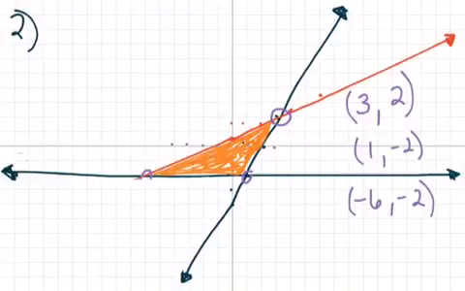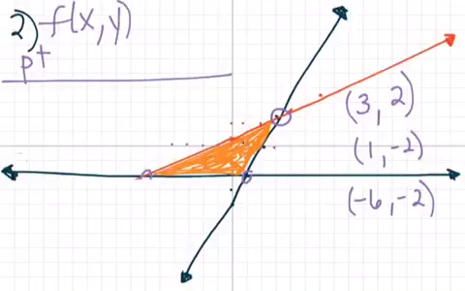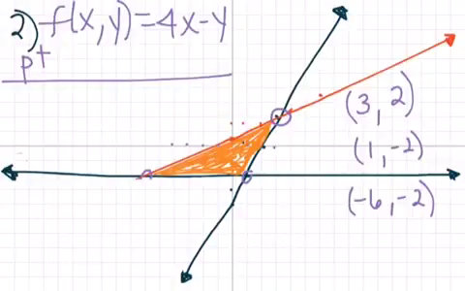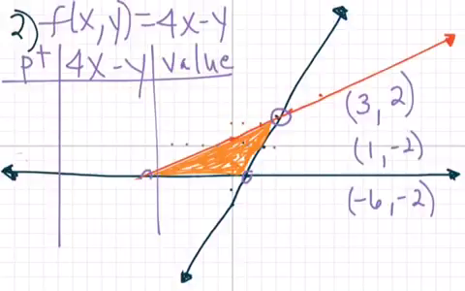Our table has the point. Our function this time, in terms of x and y, is 4x minus y. So we'll have the point, 4x minus y, and the value. Our first point is 3, 2.